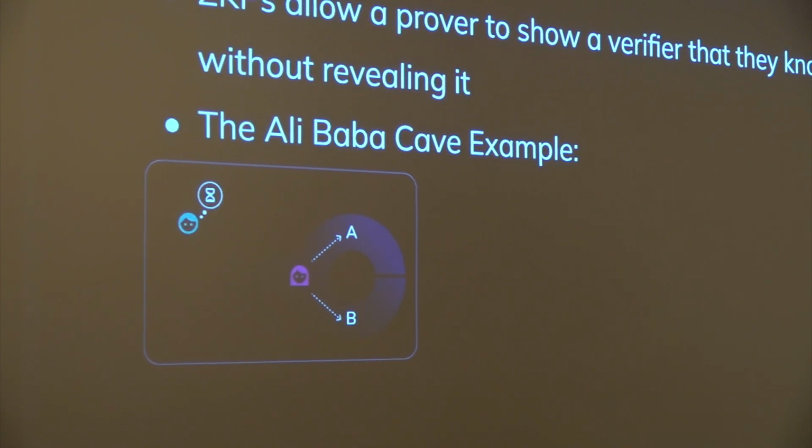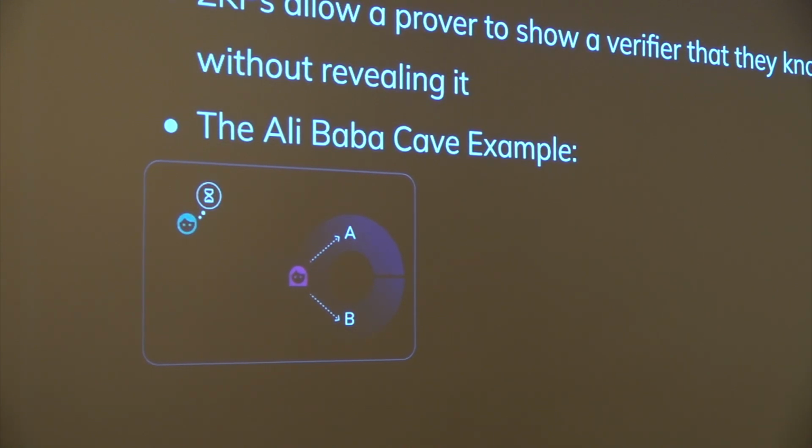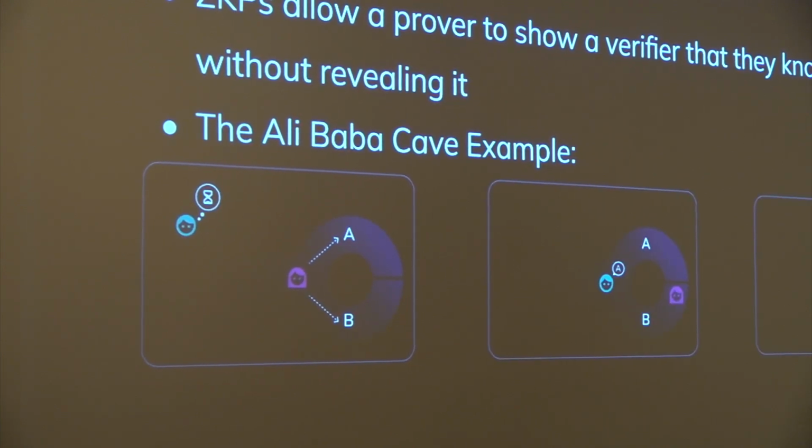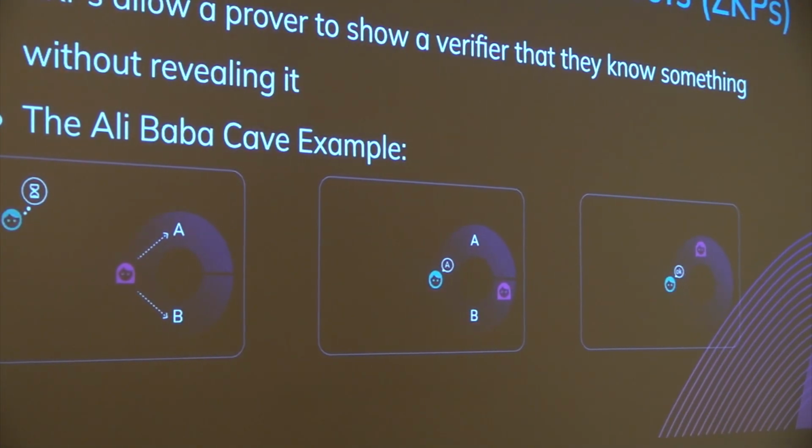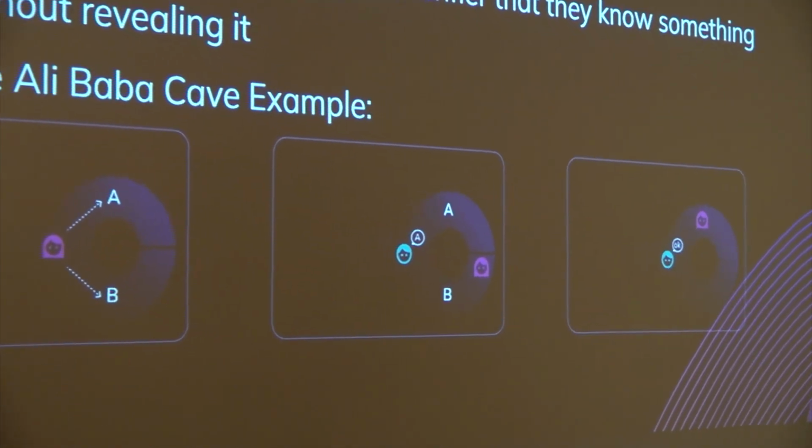So one way to prove to Bob that she knows how to get around this cave is by simply entering from entrance A and then exiting from entrance B. So by showing Bob that she can get around that back door, she can prove to Bob that she possesses this knowledge. So this is one classical example of zero knowledge proofs.